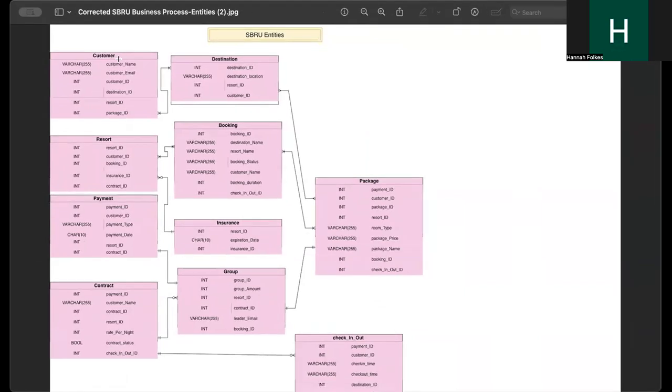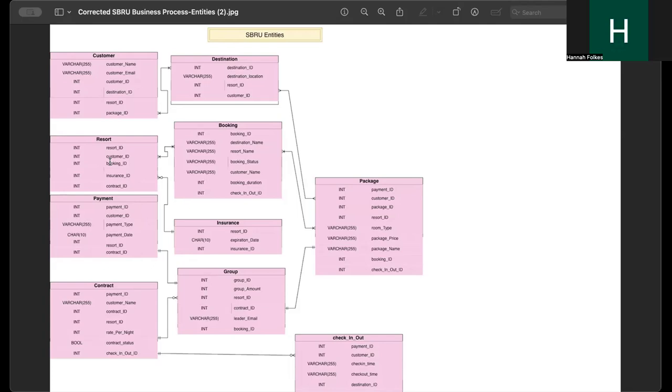As I said before, there's 10 tables in the SBRU database. For the first two, we have customer and destination. They follow a many-to-many entity relationship because there's many different customers and they have many different options for choosing what SBRU destination they would like to stay at, whether it's Mexico, Florida, whatever.